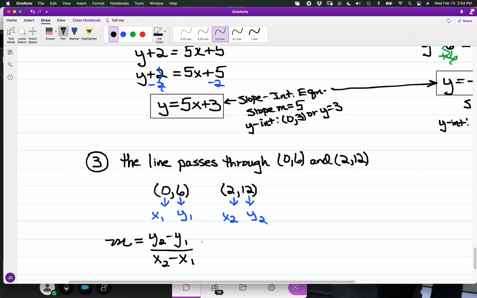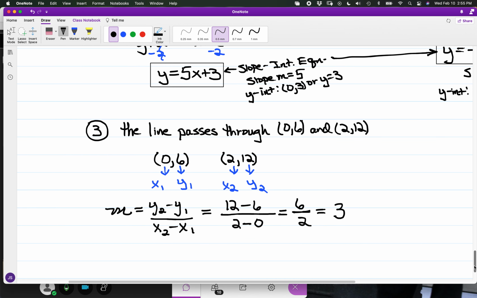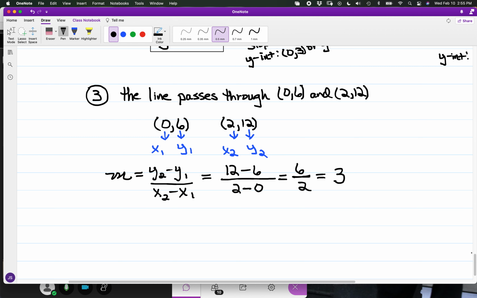So looking at the change in y with respect to the change in x, in y we have 12 minus 6, and for x we have 2 minus 0. 12 minus 6 is 6. So you have a vertical change of 6 with respect to a horizontal change of 2 units. Breaking it down incrementally, 6 over 2 is equal to 3, so you're looking at a vertical change of 3 units for every 1 horizontal unit shift.